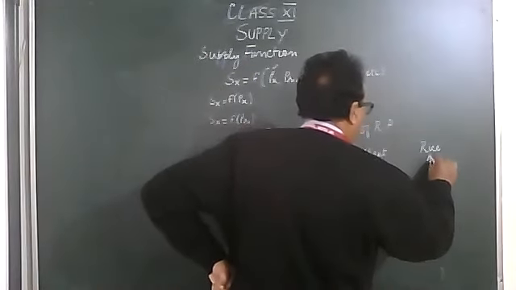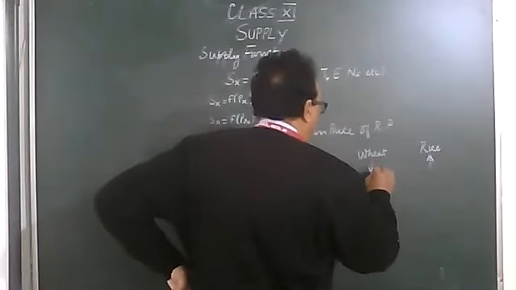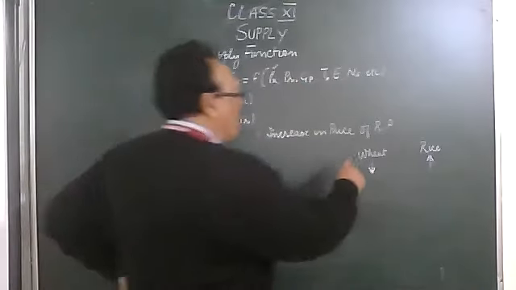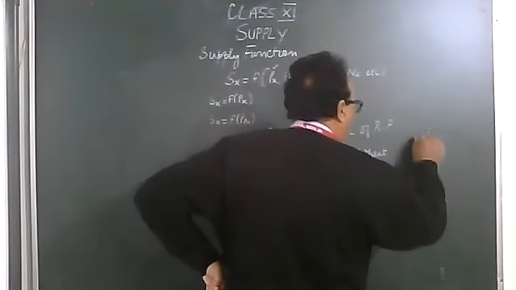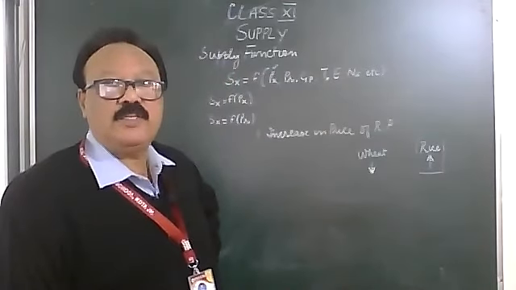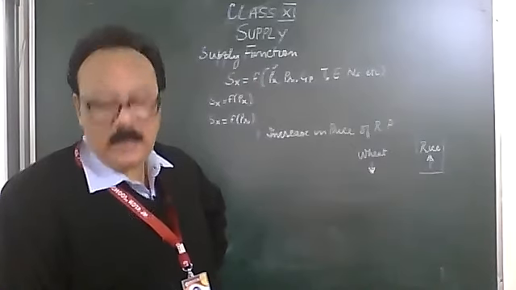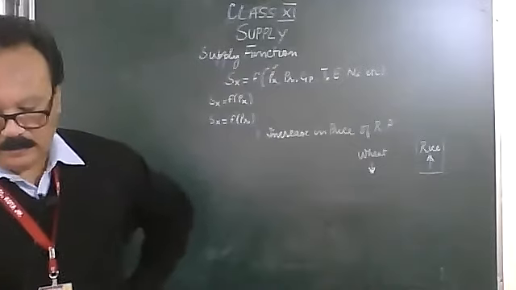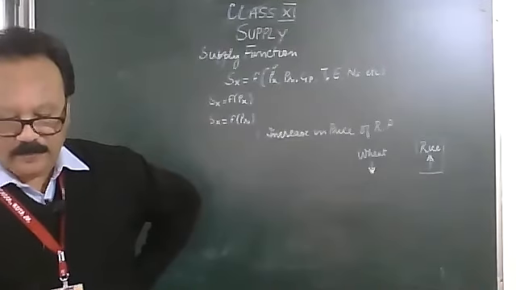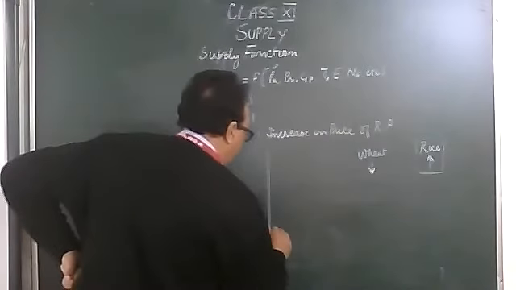Price of rice increases, the supply of wheat will fall. Why? Because now people who were producing wheat would prefer to produce rice, because rice is more profitable. So they would shift their energies towards rice, resulting in wheat supply falling. So any increase in the price of rice will shift the supply curve of wheat to the left.